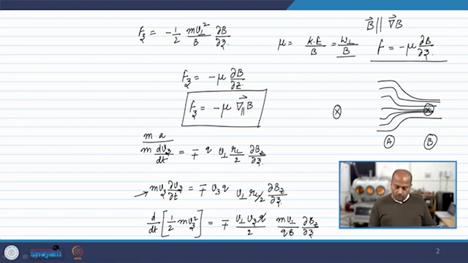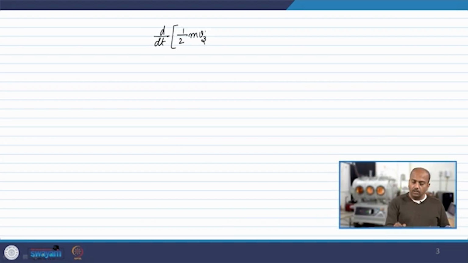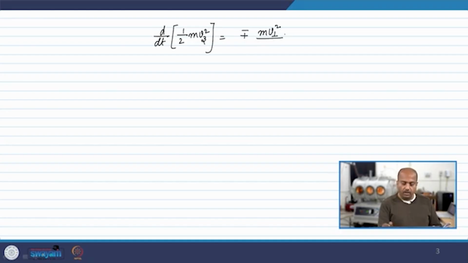So here q gets cancelled and we can write it as the rate of change of kinetic energy is equal to minus plus m v perpendicular square divided by 2 Bz, ∂Bz/∂z, into ∂z/∂t.